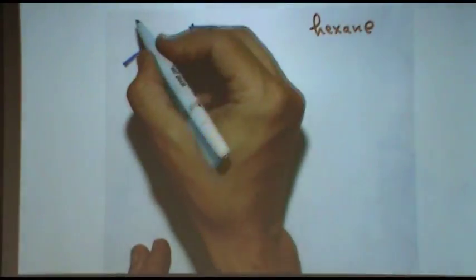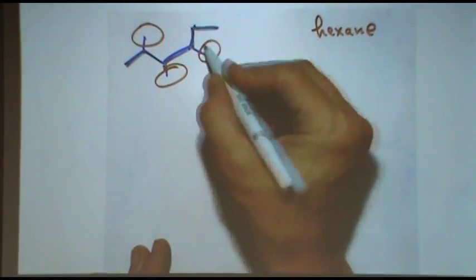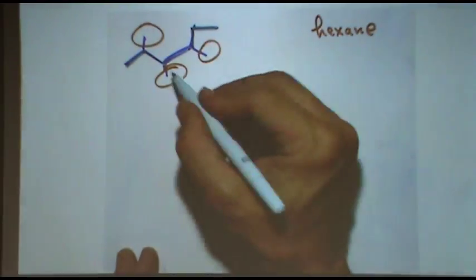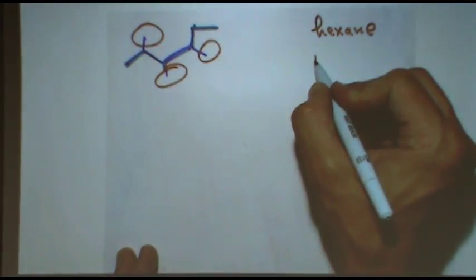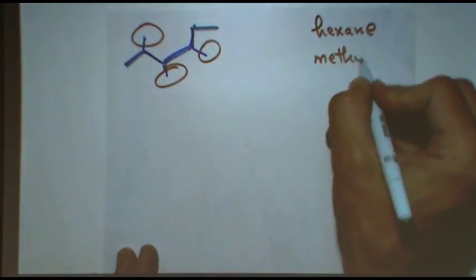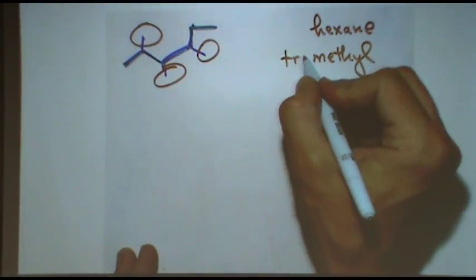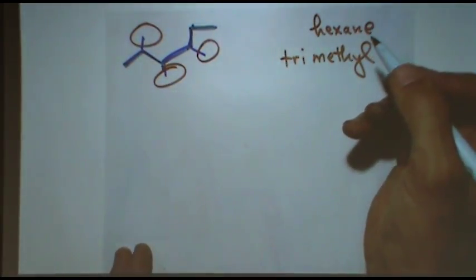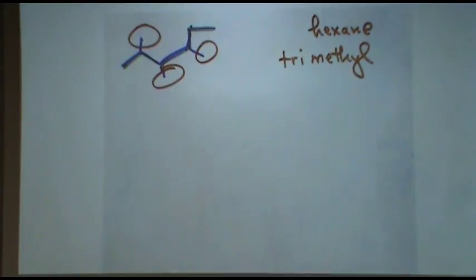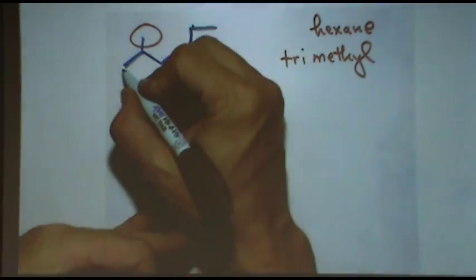And then there's 3 branches, or what's called substituents. Those are all called methyl. And there's 3 of them, so we call it trimethyl. And then we also have to note the location of the methyl on the chain. So we have to number this.